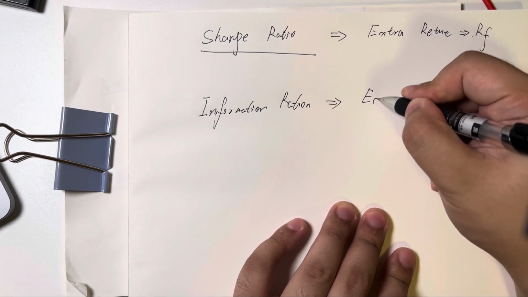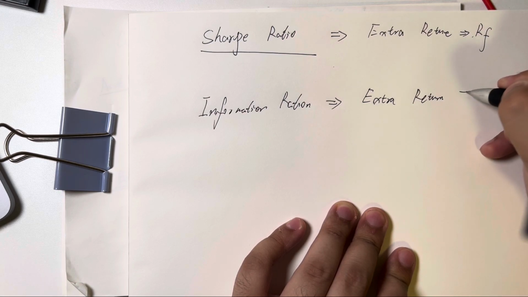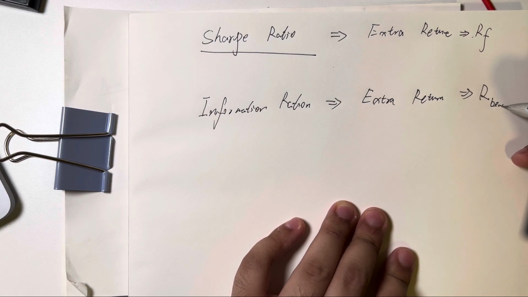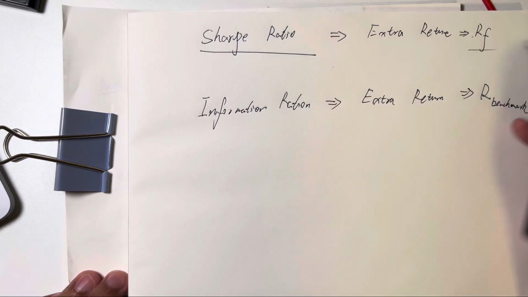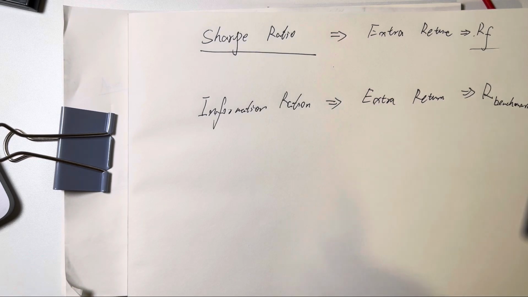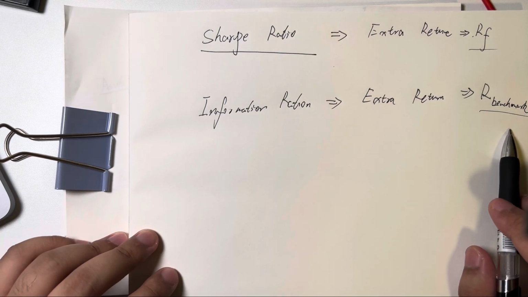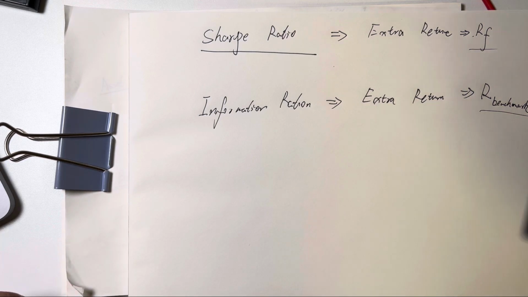So it's the extra return relative to a certain benchmark. I'm going to use a B here for the benchmark. Basically, the Sharpe ratio uses the risk-free asset as a benchmark, and the information ratio will choose, say, a portfolio index or a specific fund as your benchmark.